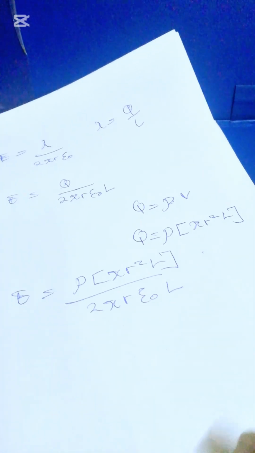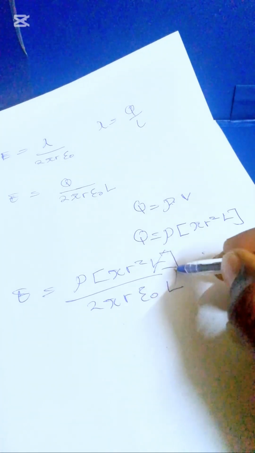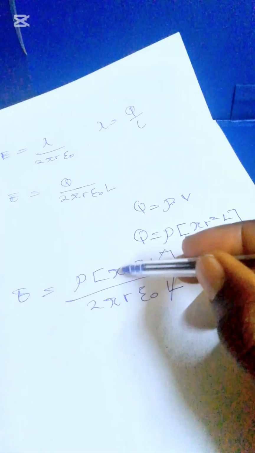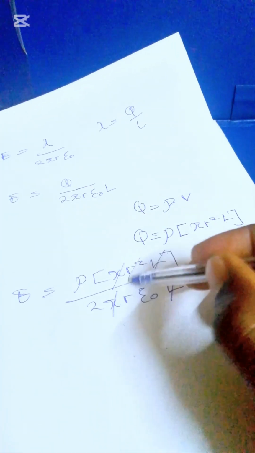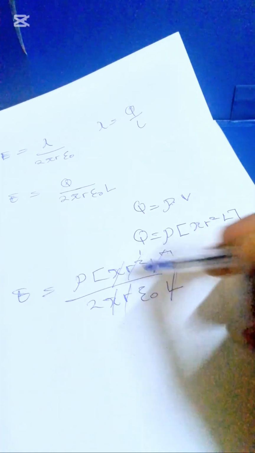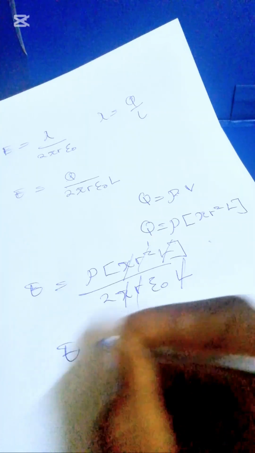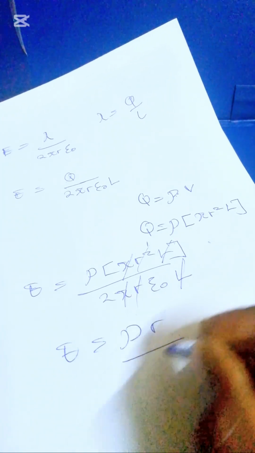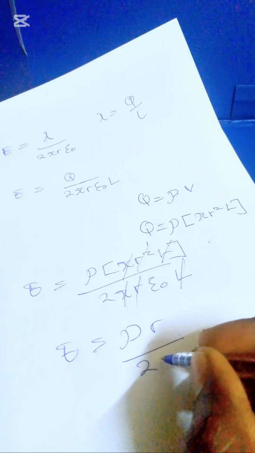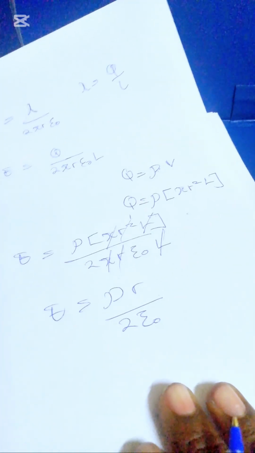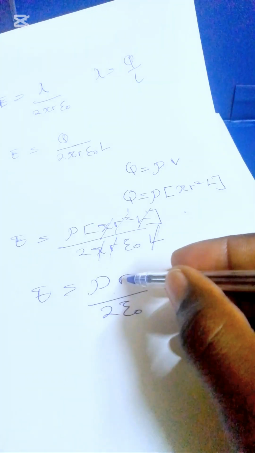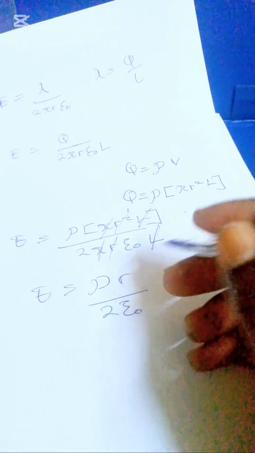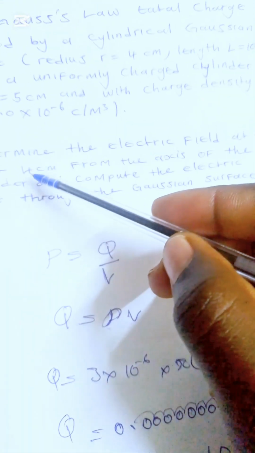So I'll cancel whatever is common. So I can see L, I can see L, I can see pi, and 1 r remains. So my final formula which I'll use is E equals rho r over 2 epsilon 0, where we have been given the radius as 4 centimeters.